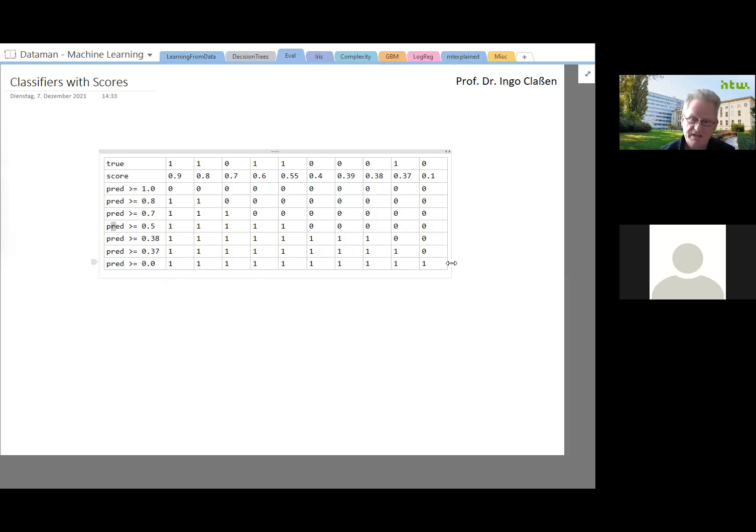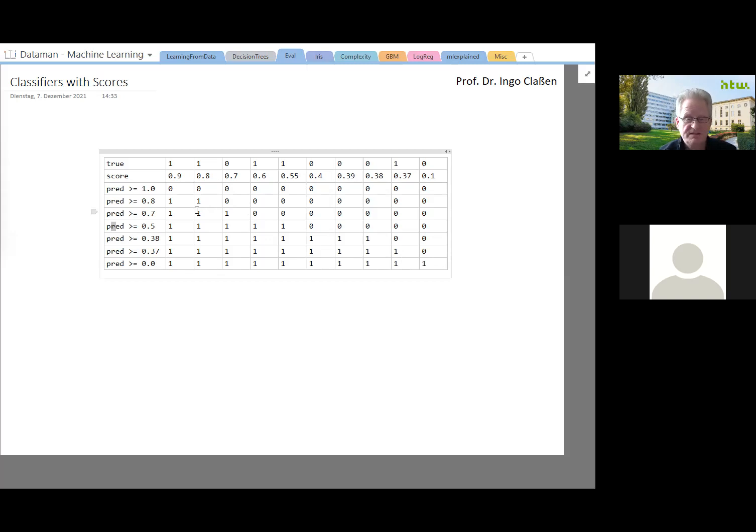So I get this useless predictor that always predicts 1. If I say only give it a 1 if it is greater or equal than 100% as a score, everything gets a 0. And in between I get some different predictors here.